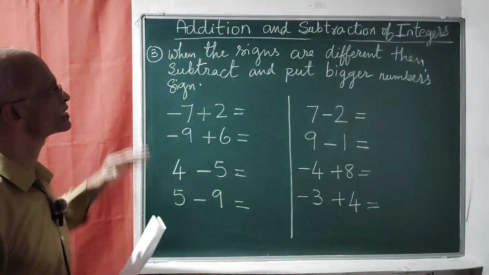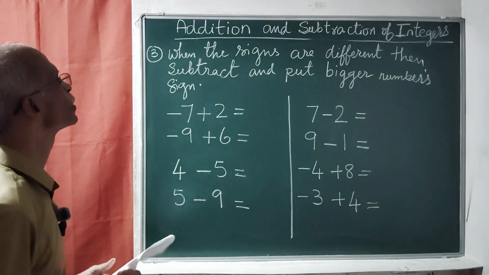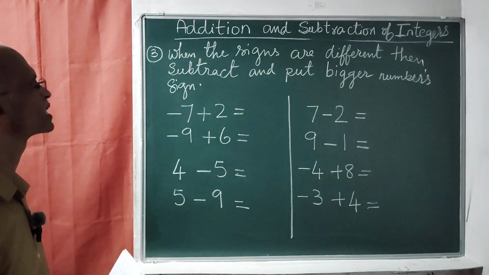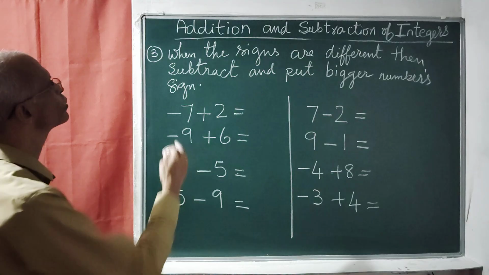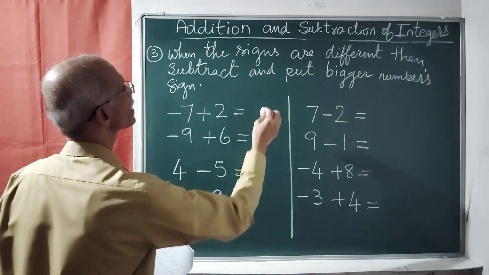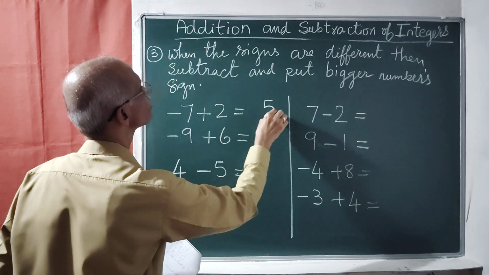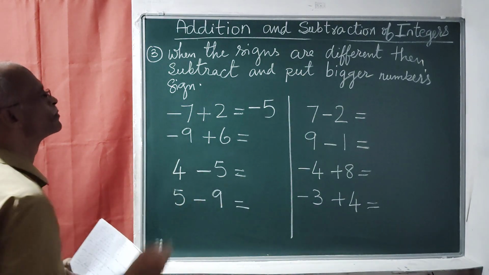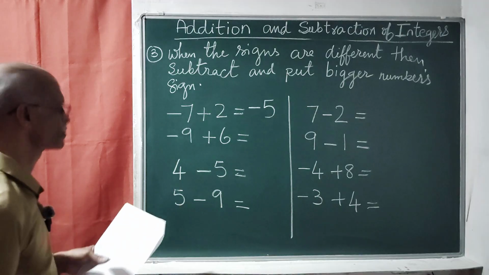So the third case and the fourth case say that when the signs are different, then subtract and put the bigger number's sign. So if you subtract, what are you going to get here? 5. So what sign are you going to give for 5? Minus 5, because 7 is a bigger number.